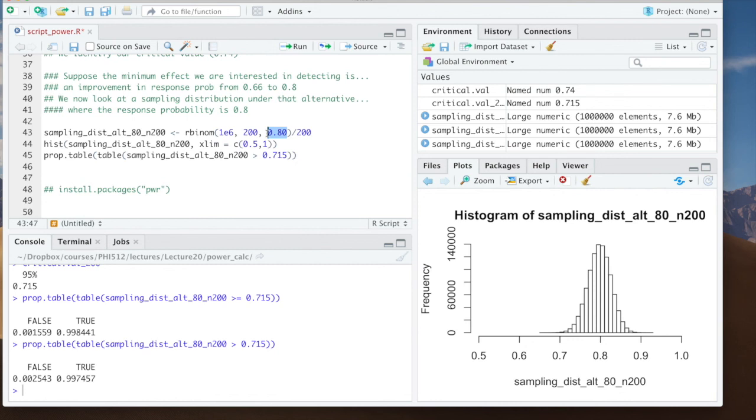So I did this kind of by hand using simulation. And in my mind, that's often the cleanest way to go about this. Classically, people couldn't do these things with simulation, so they did analytical calculations. And people have written packages that engage with those calculations for us. One standard package is called PWR, and this has power functions to calculate power under a variety of scenarios.